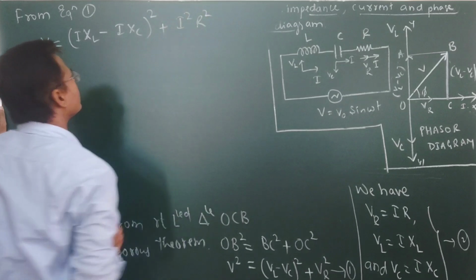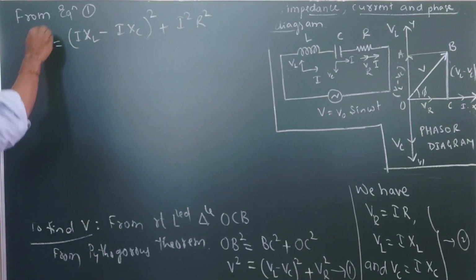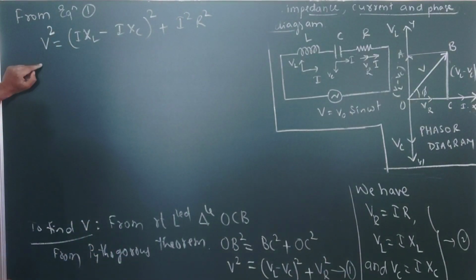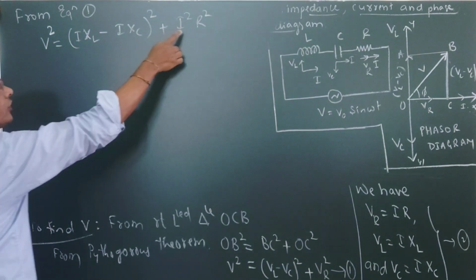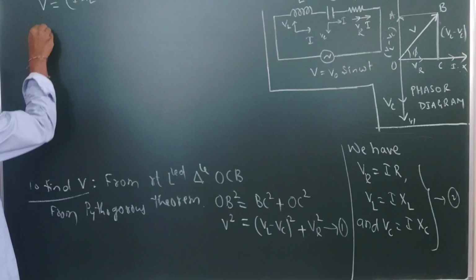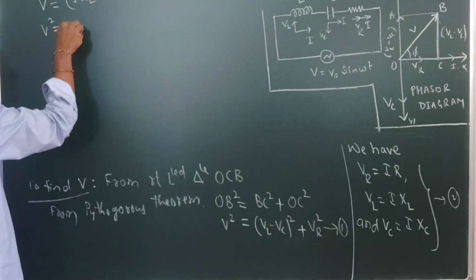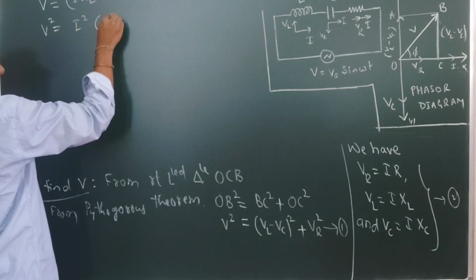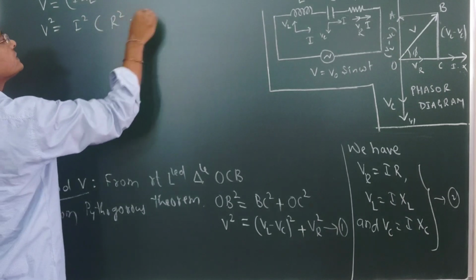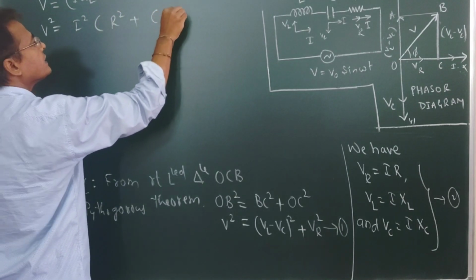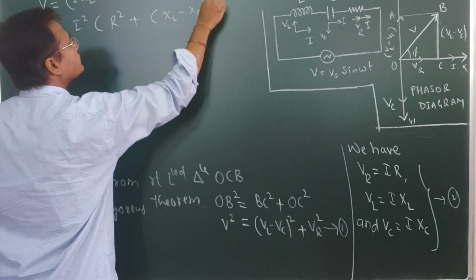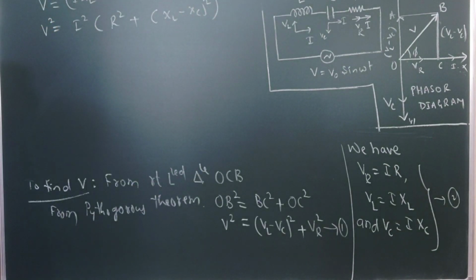Taking I square common, V square equals I square bracket R square plus bracket XL minus XC whole square.